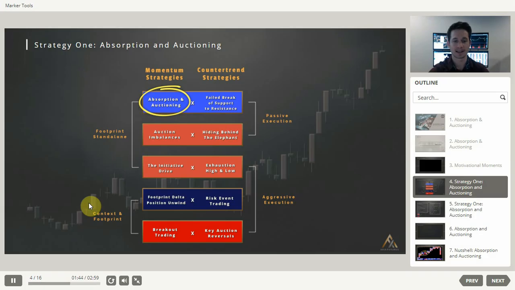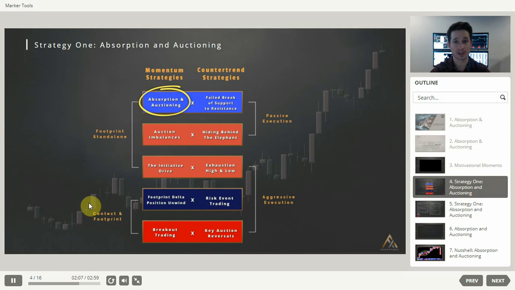As you can see, the strategy we're going to focus on is absorption and auctioning. First and foremost, it is a momentum strategy. So I've broken up the two columns into momentum and counter trend. Obviously, some of you prefer momentum strategies, some of you prefer counter trend. Now, what you are going to find is that some of the strategies might not suit your style, and that's fine.